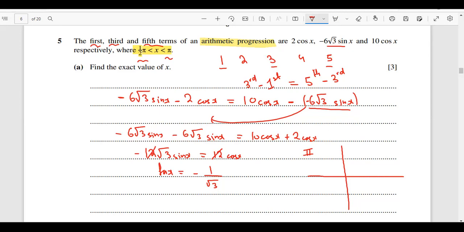That is why we are talking about the fourth quadrant. So let's just find out the value. Tan inverse minus 1 by under root 3, and it would give you minus pi by 6. Do not get confused by the sign. This pi by 6 is basically what?